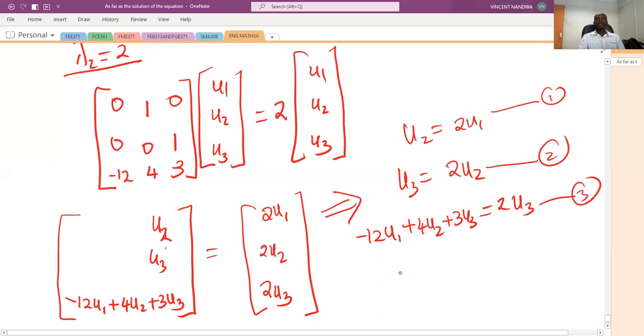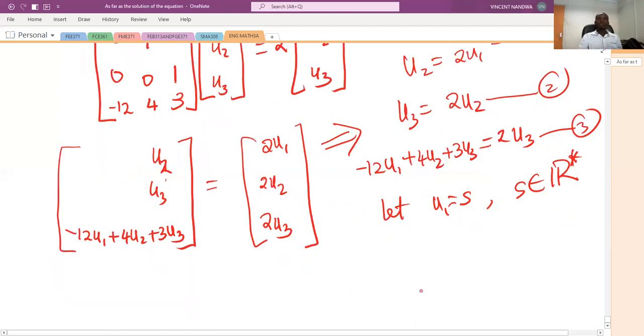Now when you let u1 to be s, where s is a non-zero real number, from this first equation u2 will be 2s, and u3 from this second equation will give us 4s.